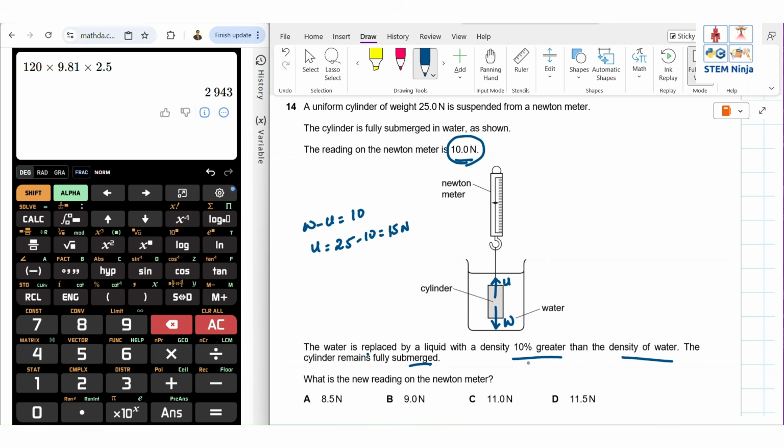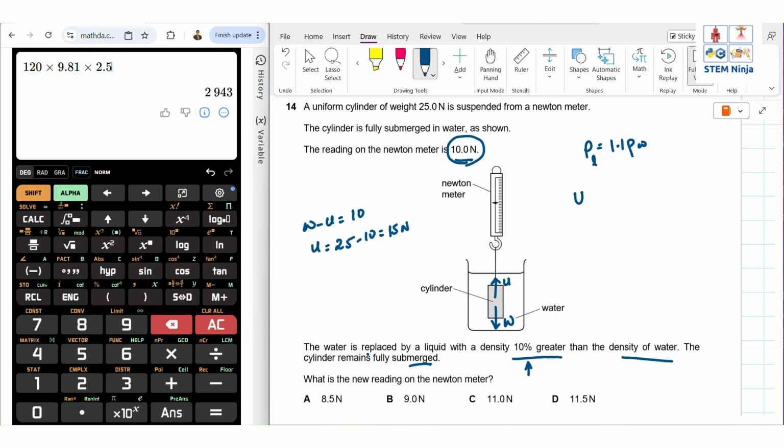So now we are using a liquid with 10% density greater than the density of water. So that means the new density is 1.1 times the density of water. So what is going to change?